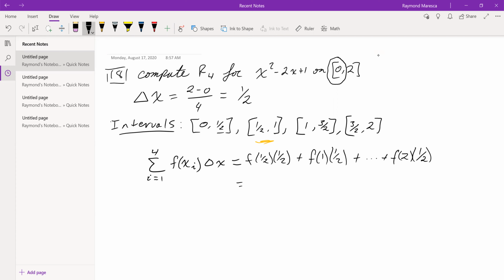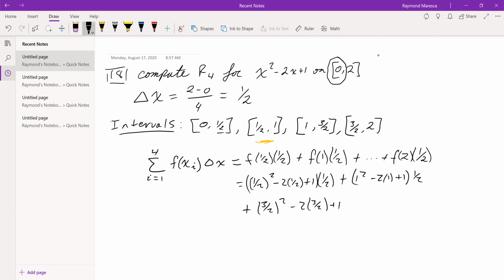So this ends up being 1/2 squared minus 2 times 1/2 plus 1 times 1/2 plus f of 1 is 1 squared minus 2 times 1 plus 1 times 1/2 plus f of 3/2, which would be 3/2 squared minus 2 times 3/2 plus 1 times 1/2.